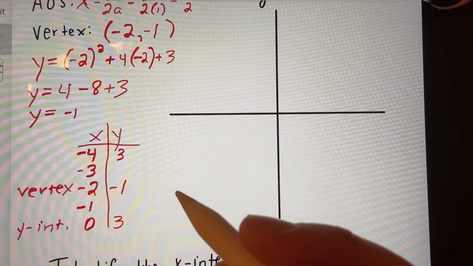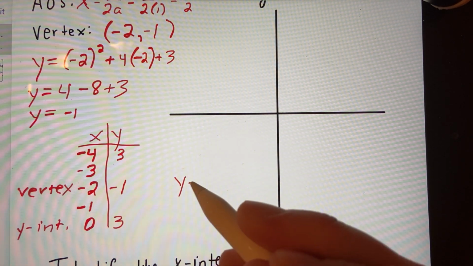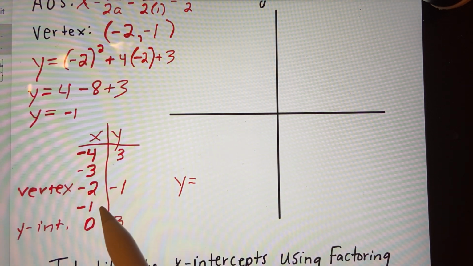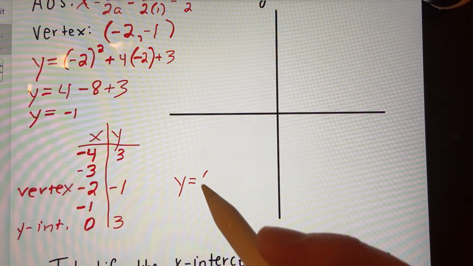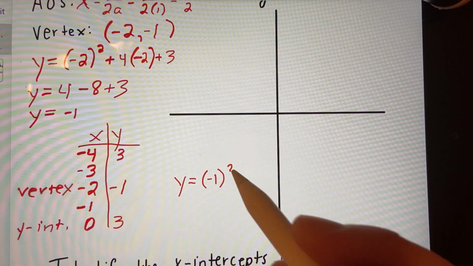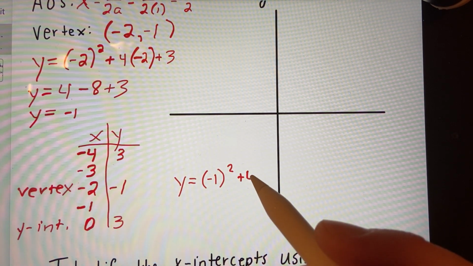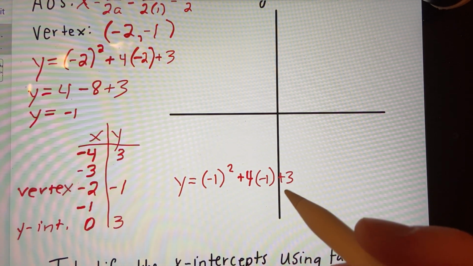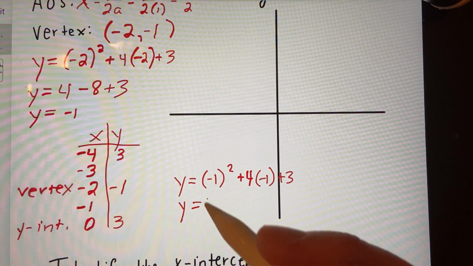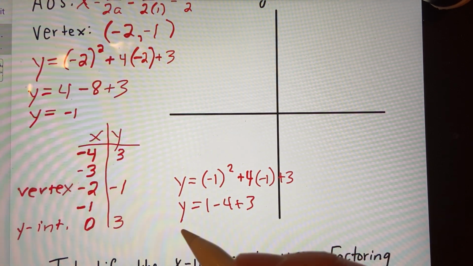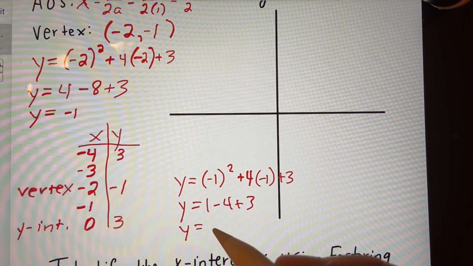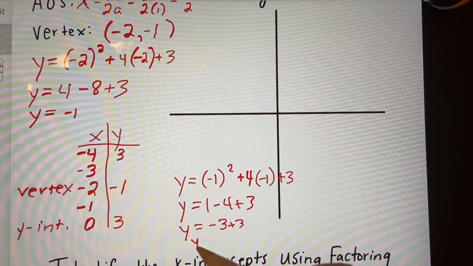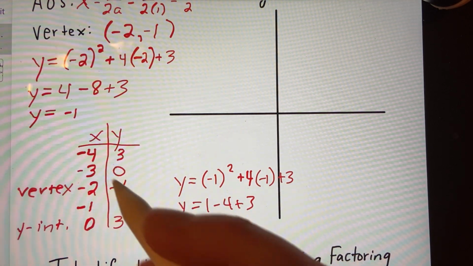I can use my equation, y equals x squared plus 4x plus 3, and replace x with -1. So y equals (-1) squared plus 4 times -1 plus 3. That's y equals 1 minus 4 plus 3, so that's -3 plus 3, which is 0. So these two points are going to be 0.